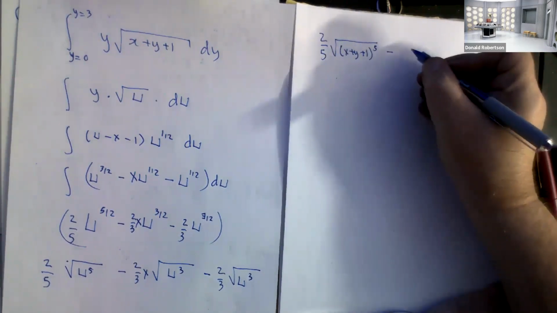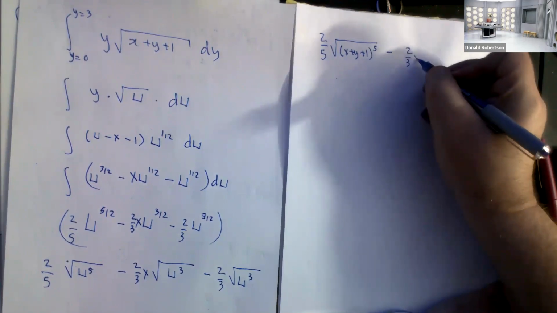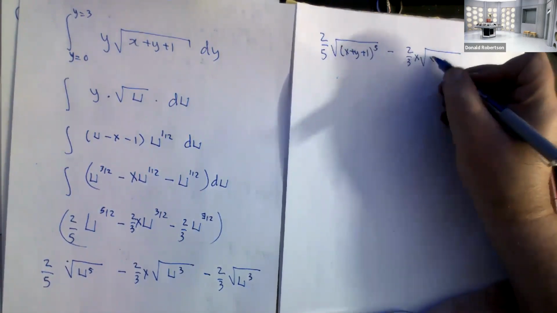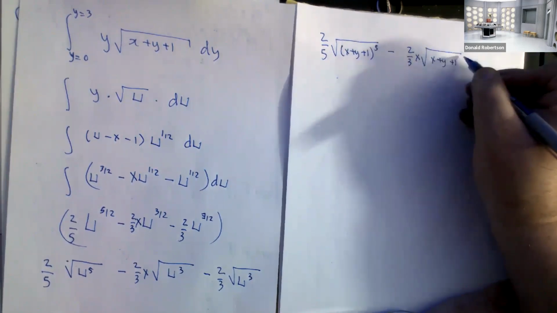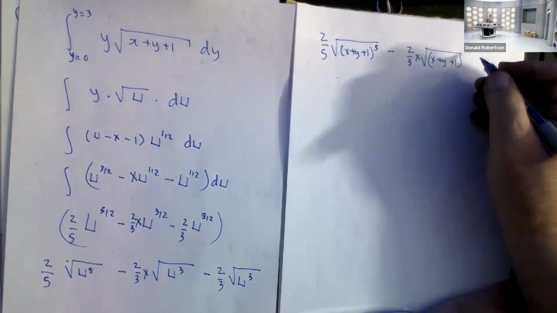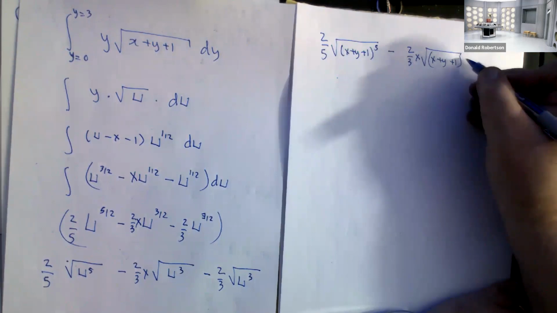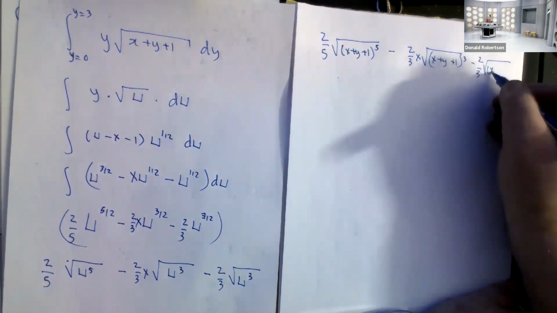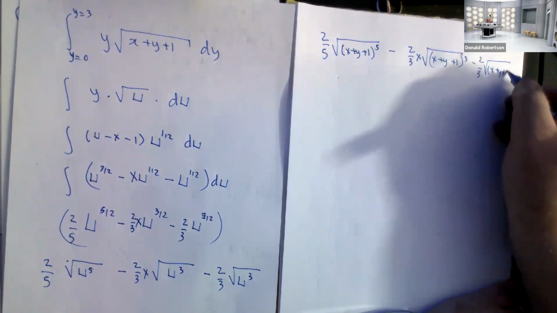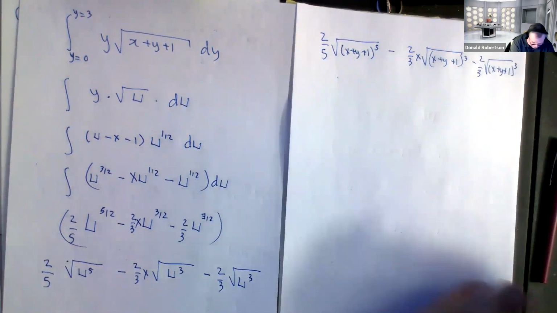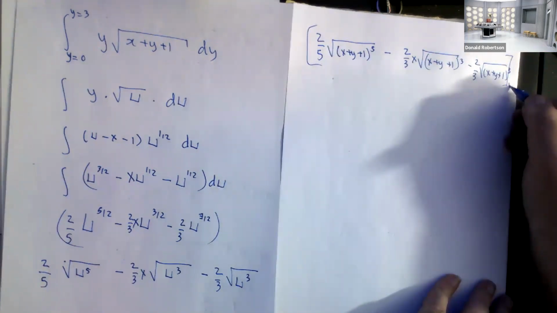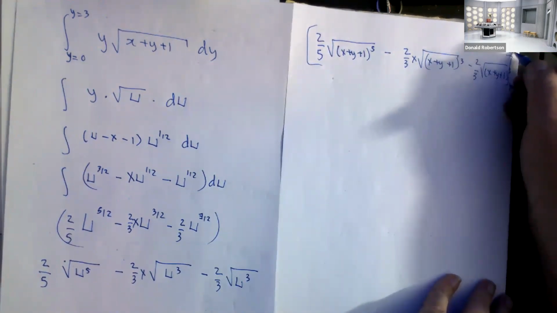Take away 2/3 x, the square root of x plus y plus 1 cubed. Take away 2/3 the square root of x plus y plus 1 cubed. And that can be evaluated at y equals 0 to y equals 3.